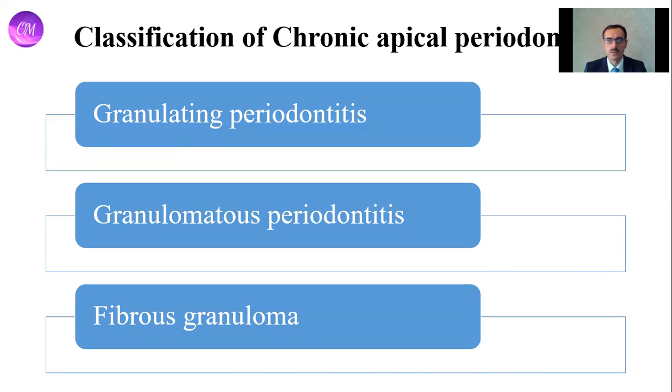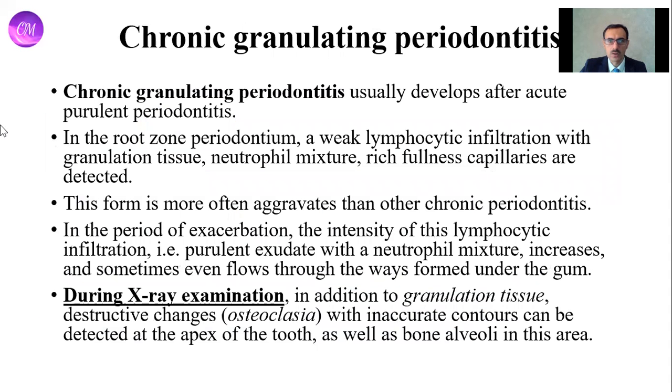As we mentioned earlier, there are three types of chronic periodontitis: granulating periodontitis, granulomatous periodontitis, and fibrous periodontitis. Chronic granulating periodontitis usually develops after acute purulent periodontitis. In the root zone periodontium, a weak lymphocytic infiltration with granulation tissue, neutrophil mixture, and rich hyperemic capillaries are detected.